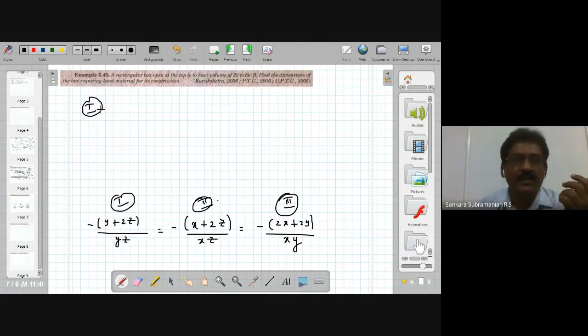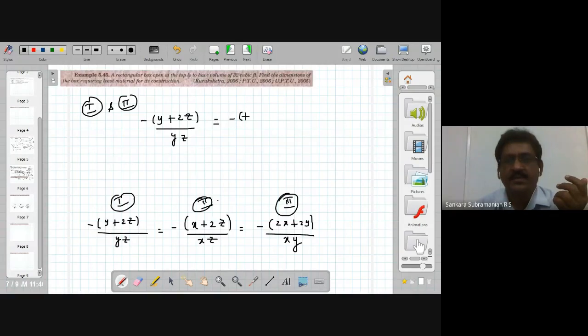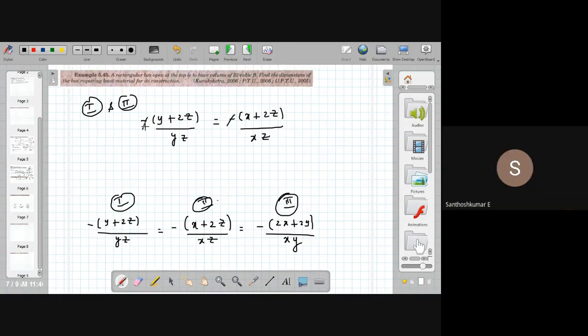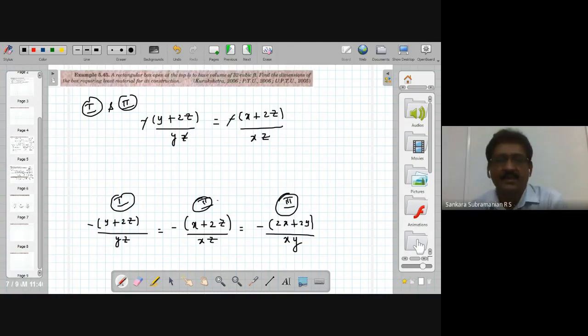So I am just taking equation 1 and 2. So I will be getting minus of y plus 2z by yz equal to minus of x plus 2z by xz. I can strike minus and minus, right? Z and z will go away.